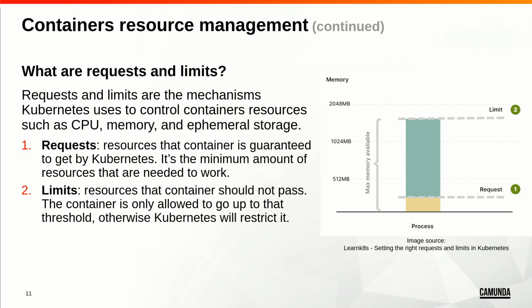Requests are also important for workload stability and capacity planning. For example, for capacity planning, by setting the requests, you know how many resources are needed to run your current and future workloads. For stability, let's assume that your application needs 2 gigs of RAM to work.